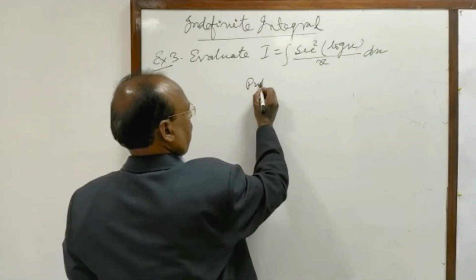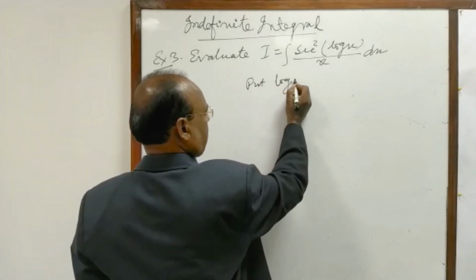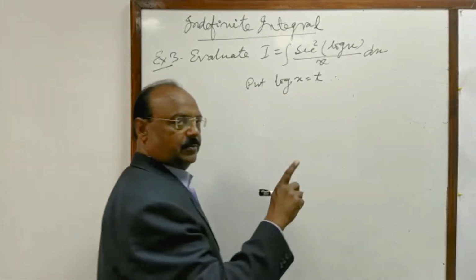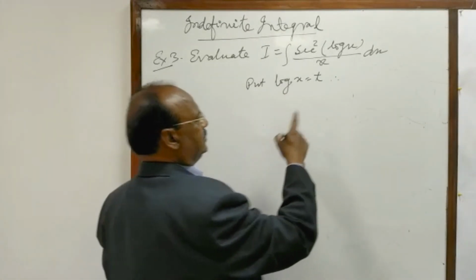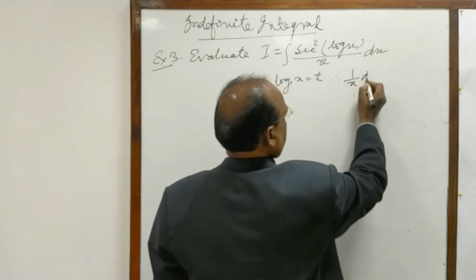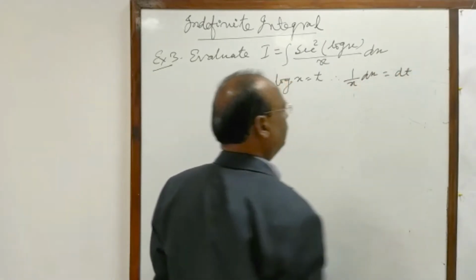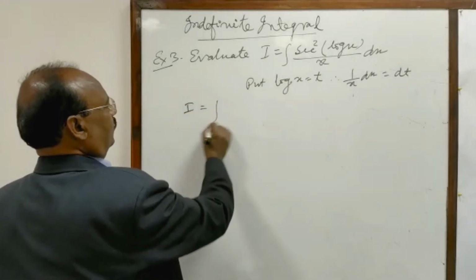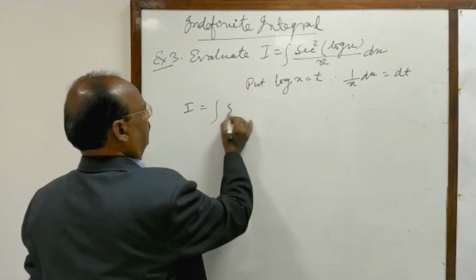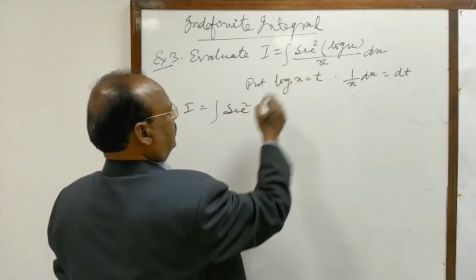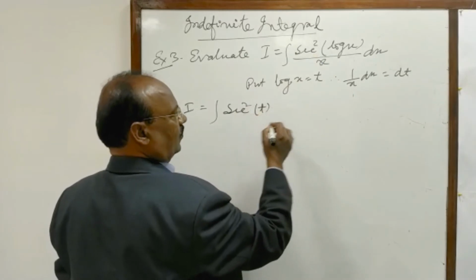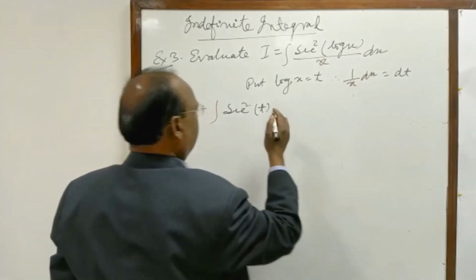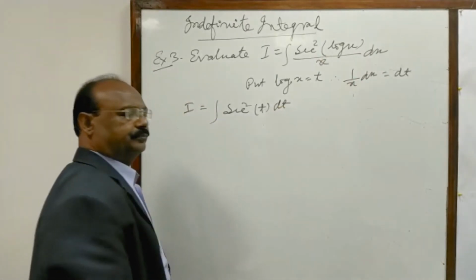Here we will put log x is equal to t, so that after differentiating both the sides, we will get 1 by x dx is equal to dt. So now this integral can be written as sec square of log x, which is t, and 1 upon x dx is equal to dt.